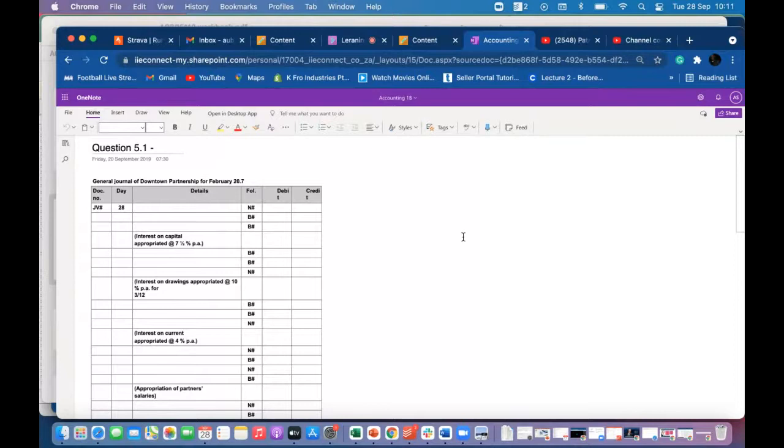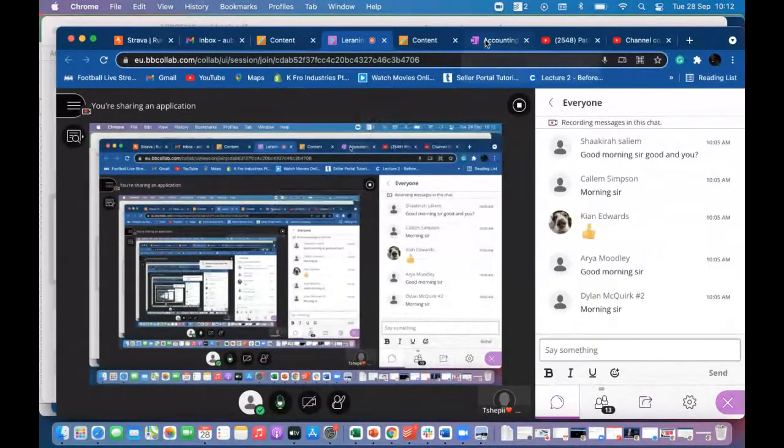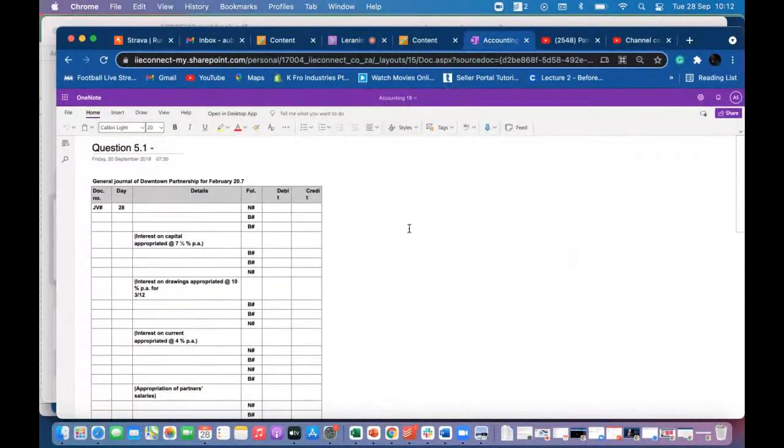Remember I told you that we use the current accounts to reward or penalize partners within the business. Let me just check if there are any comments or thoughts. Okay, we're all good so far. So we then ask ourselves, how are we going to record this?